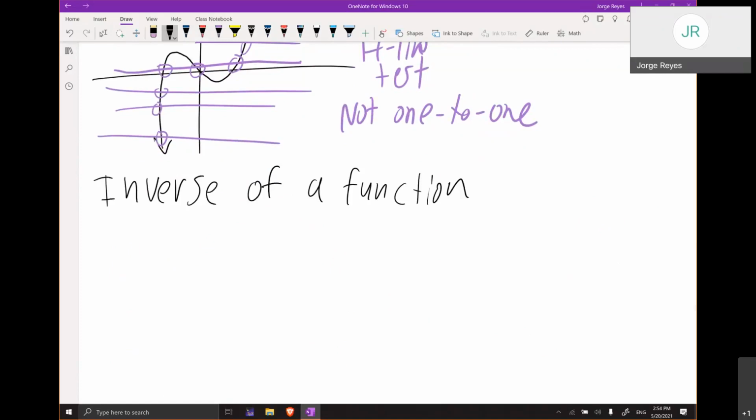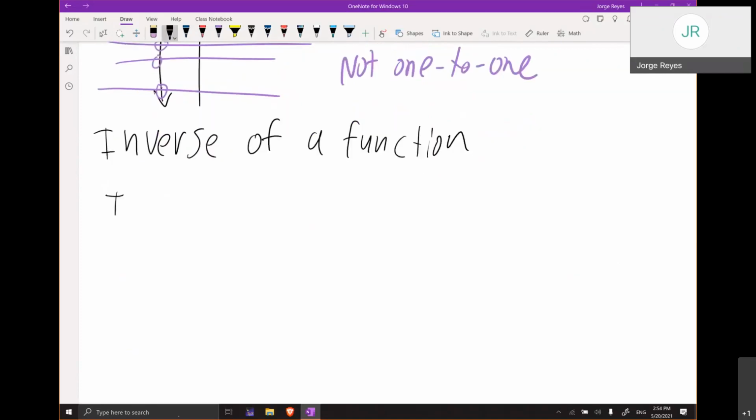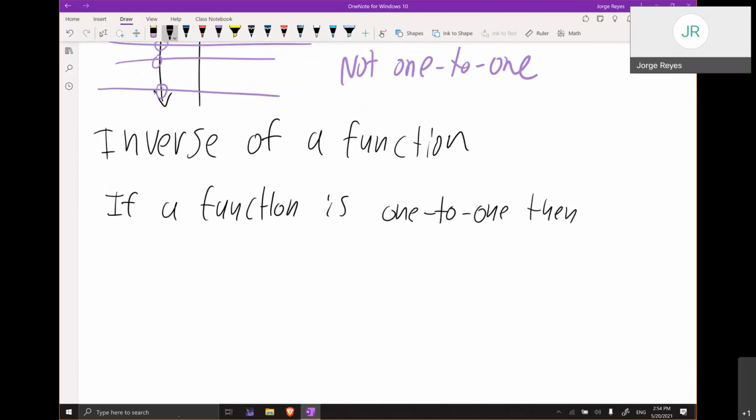Just to spill the beans, to get to the point: if a function is 1-to-1, then it's invertible, or then it has an inverse. So that's why we care about being 1-to-1, because if you have an inverse, you are 1-to-1. And that means if you aren't 1-to-1, then you don't have an inverse.